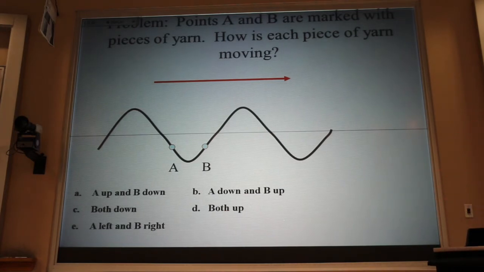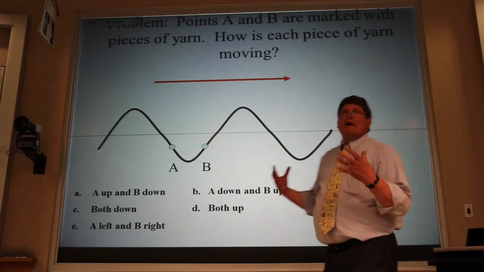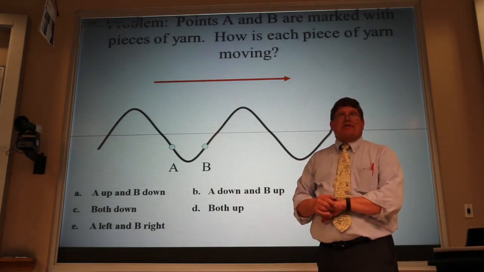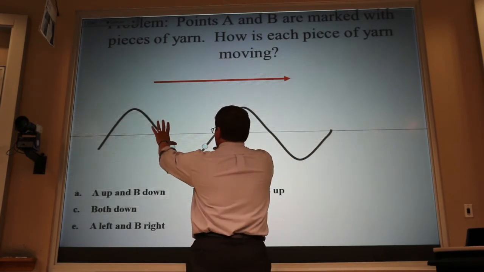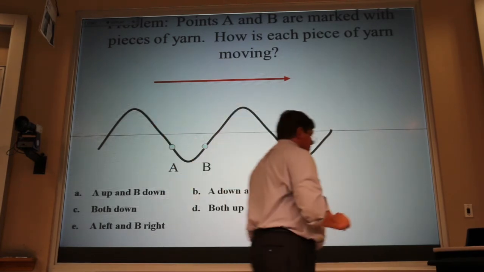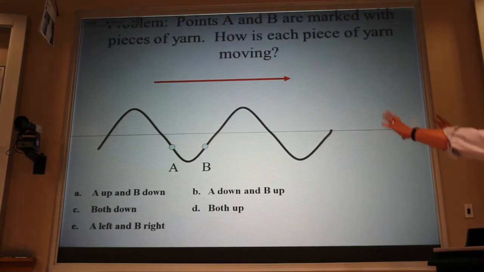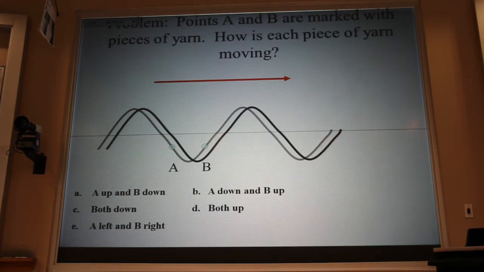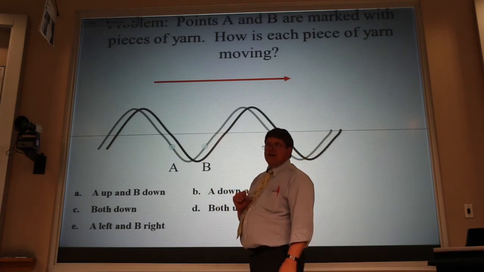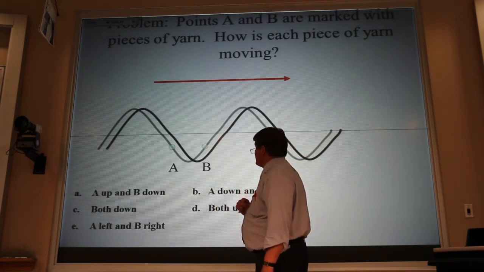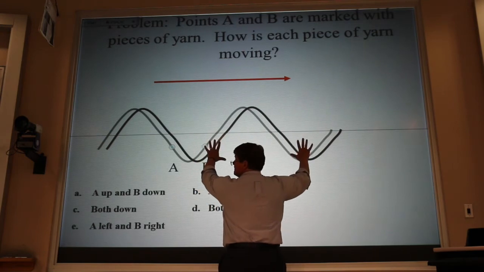Okay? Now, we want to look at the movie. We don't want to be stuck with this snapshot. So we look at the movie. And if we look at the movie, what we see in the next frame, this was the frame that was taken at noon. This is the frame that was taken right after noon. 1/10 of a second after noon. Okay? Because the wave's moving to the right.